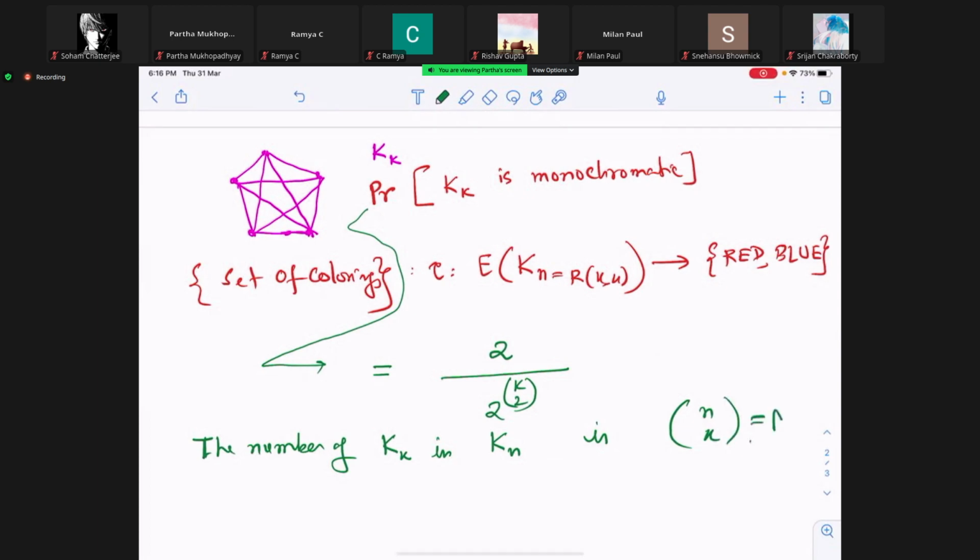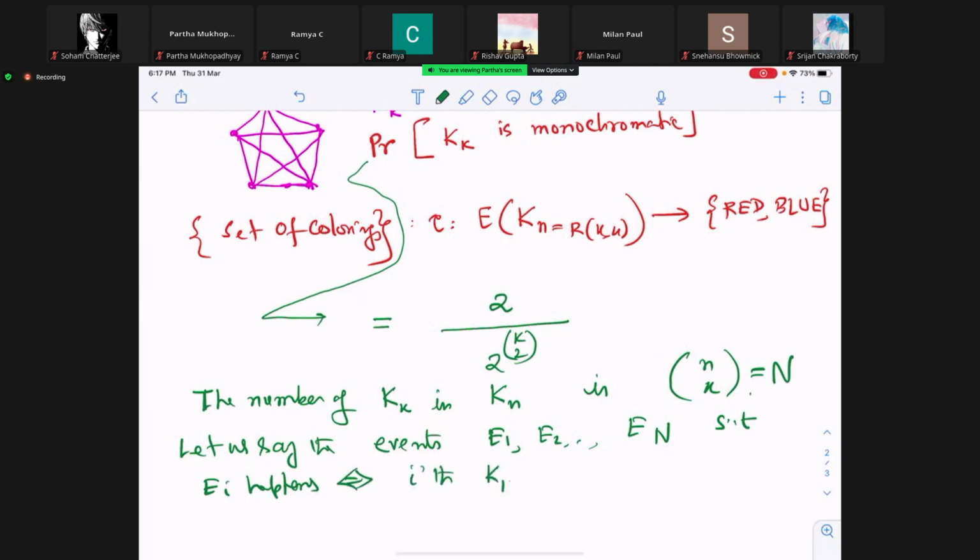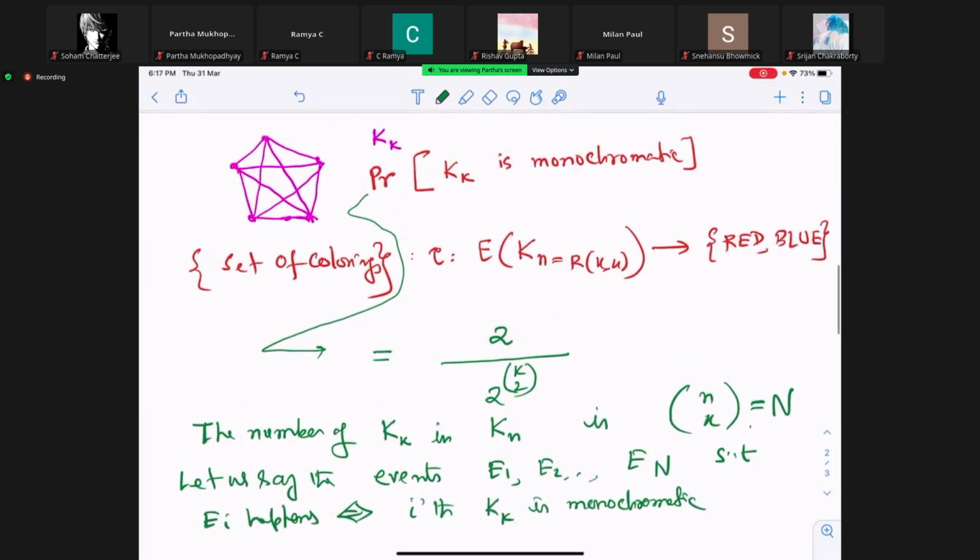So let's call this number capital K, and let us say the events E1, E2, up to EN such that Ei happens if and only if the ith K_k is monochromatic.